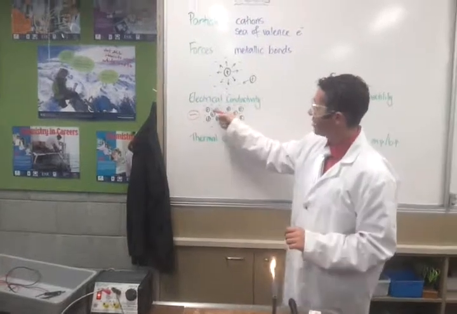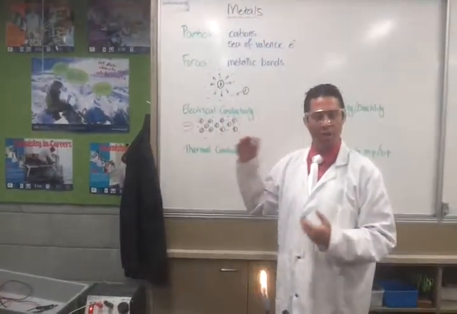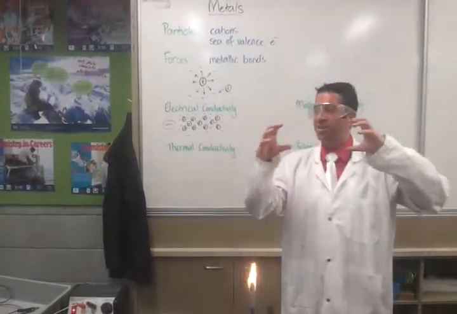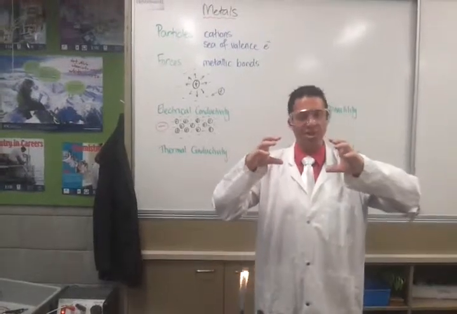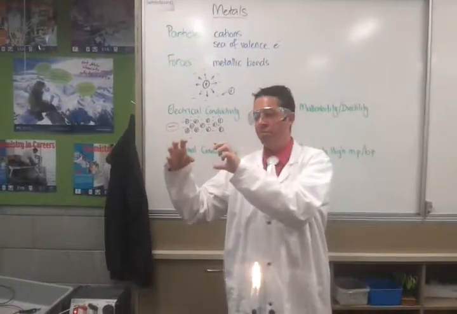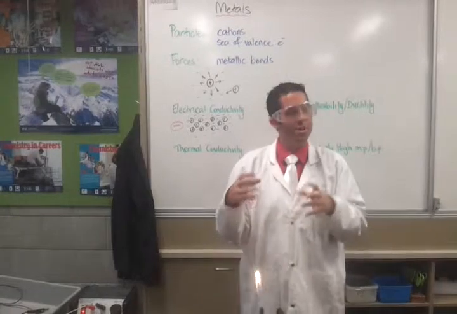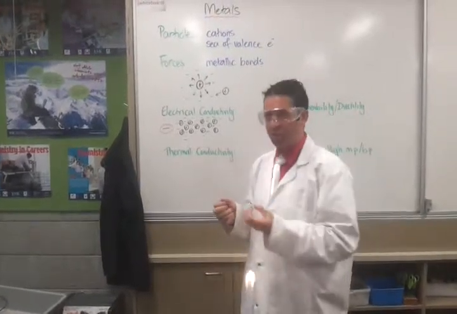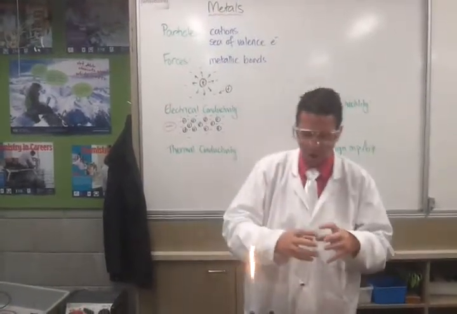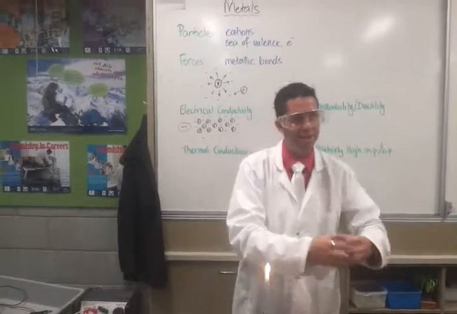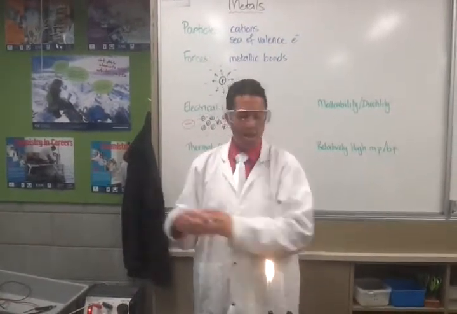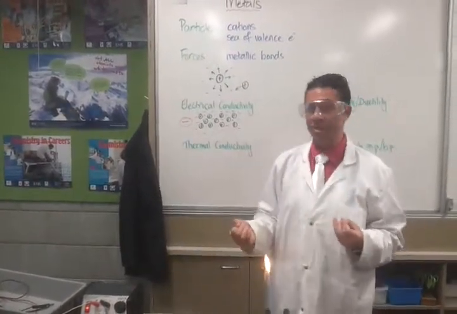Well, it's going to attract the cations because they're the opposite charge, but actually the cations are in a nice rigid structure, so that would attract the whole item. It doesn't do that because the force isn't strong enough. The electrical force is not strong enough to actually attract the whole piece of iron or the whole piece of copper across. So instead, it's like a path of least resistance.